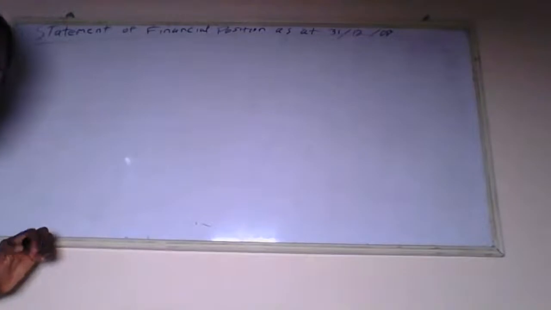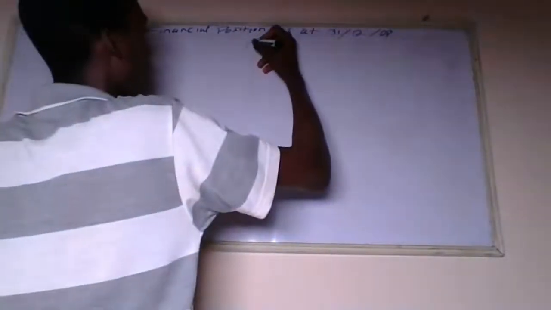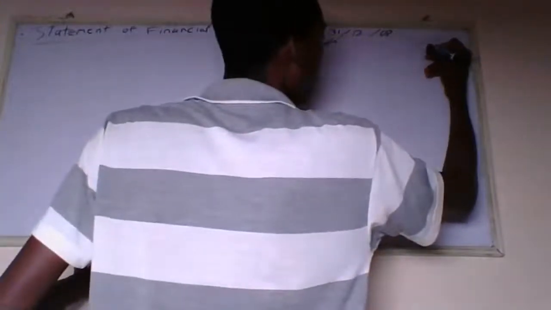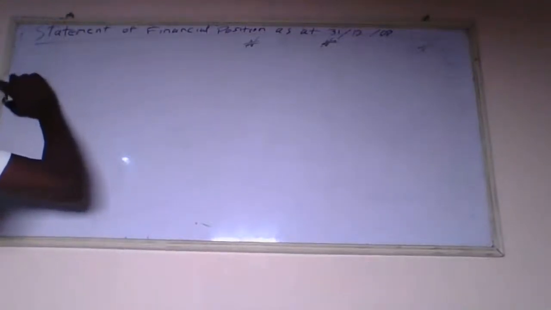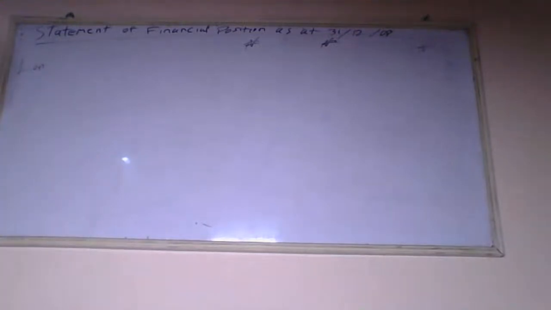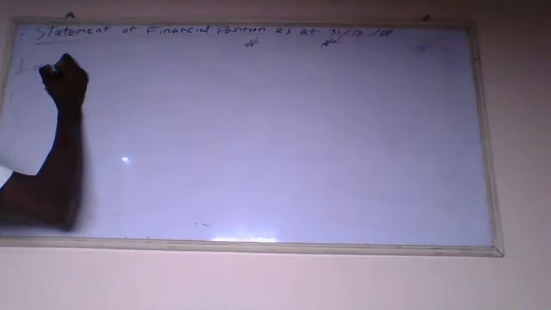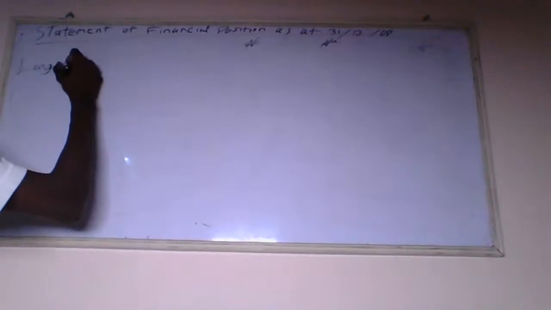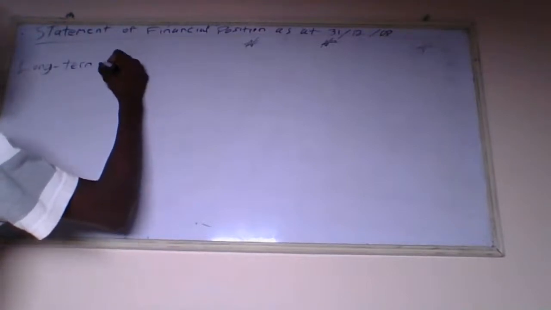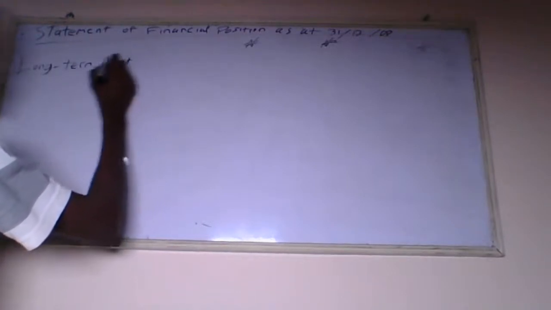So that's the topic of what we're doing. And we're going to start with our assets. So we're going to first treat our long-term assets, also known as non-current asset, long-term assets, fixed asset. You have to get familiarized with this. Assets.